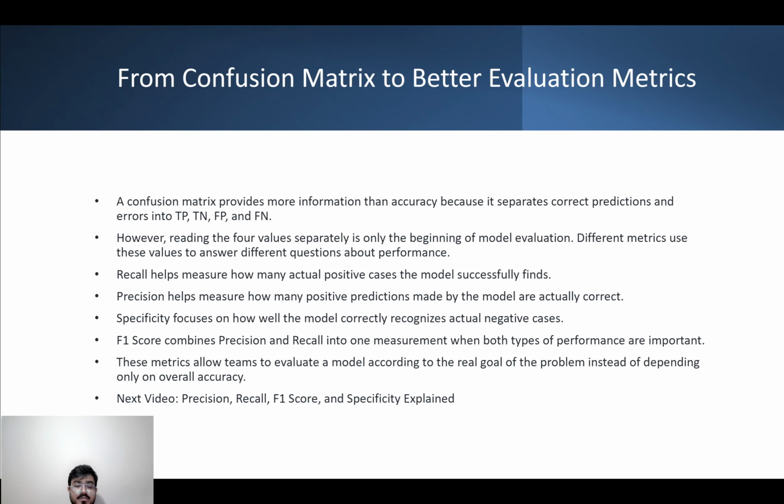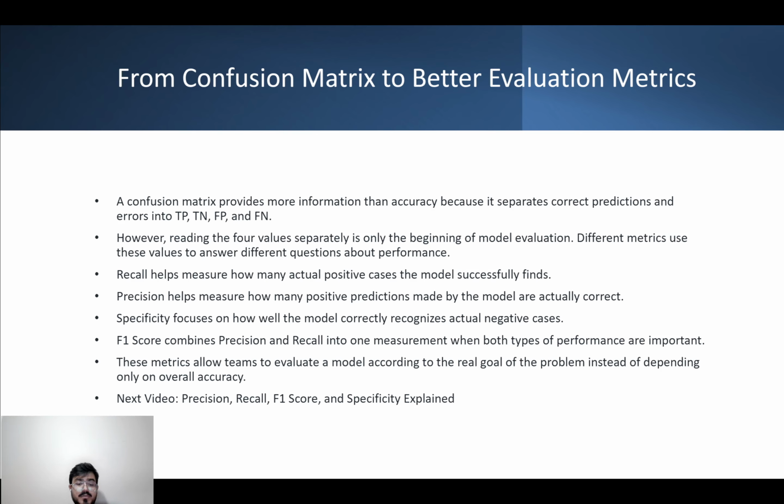Machine learning engineers often need to answer more specific questions. How many actual positive cases did the model successfully detect? How well does the model recognize negative cases? How can we balance different types of prediction errors? To answer these questions, we use additional evaluation metrics that are calculated directly from the confusion matrix.